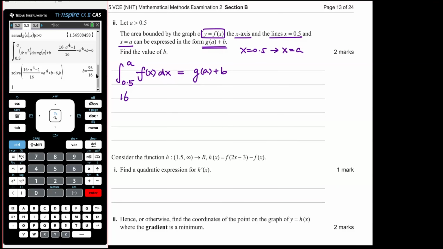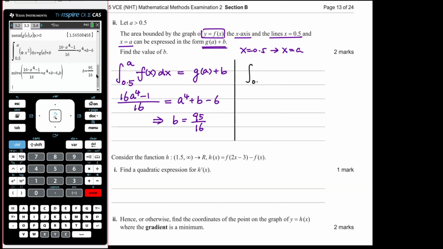So actually you get 16a to the power 4 minus 1, divided by 16, equals a to the power 4 plus b over 16. So you actually get b equals 95 over 16. Alternatively, you might realize g of x is an antiderivative.